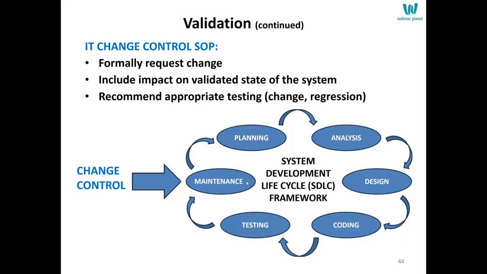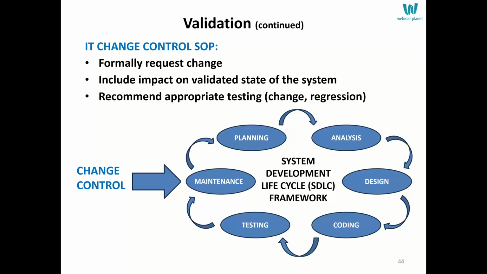Now, once your system's in maintenance mode in the life cycle where it's in production, you've planned, analyzed, designed, coded, tested, you've gotten your system into production. Now it's under formal change control. Any code must be frozen. Any configuration settings for functionality must also be frozen. And in this case, a formal request must be issued.